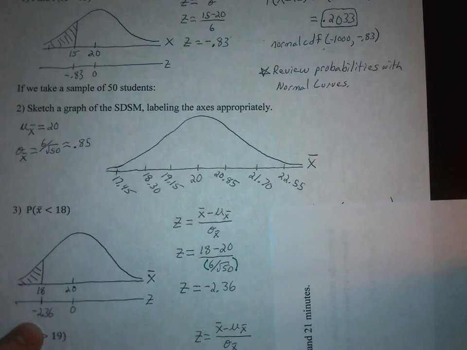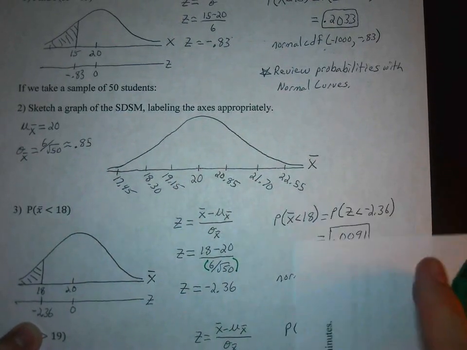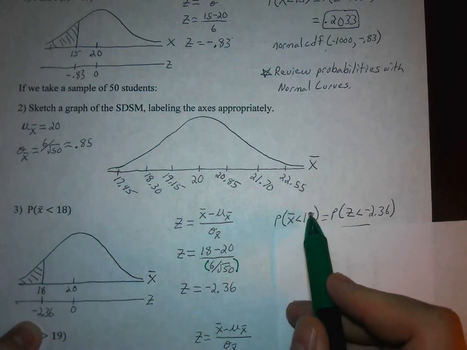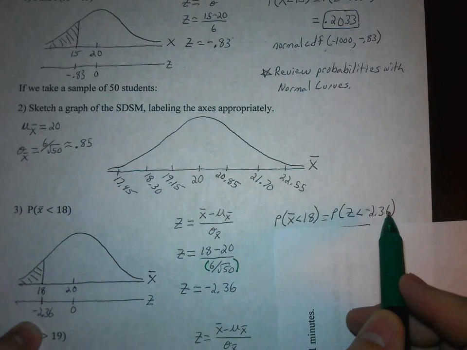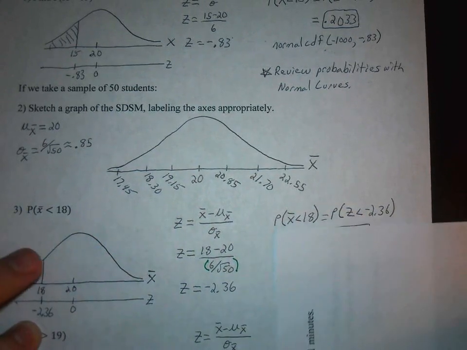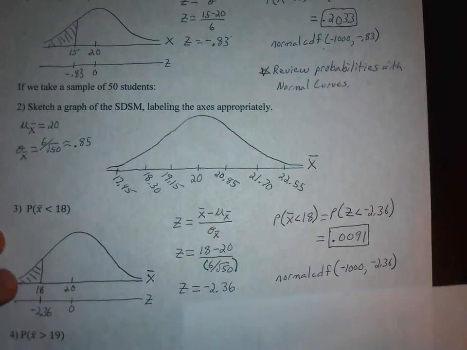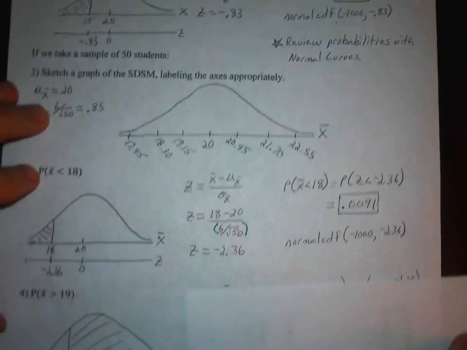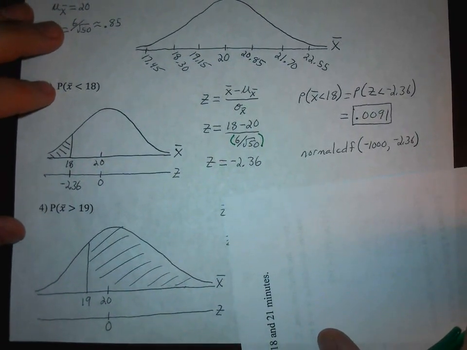So this turns into finding the probability that x bar is less than 18, which equals the probability that z is less than negative 2.36. You go through and do that, and there's your calculator function. And then the next one, I'll show you this quickly because hopefully you get the idea.